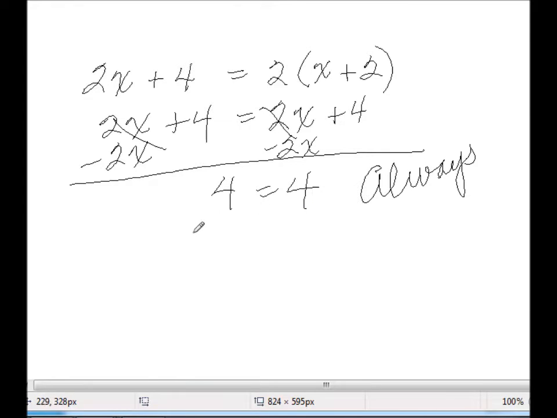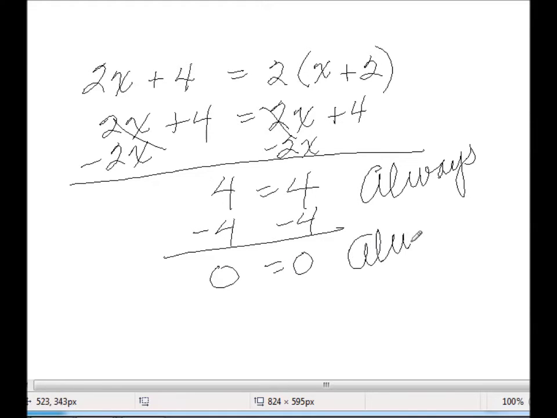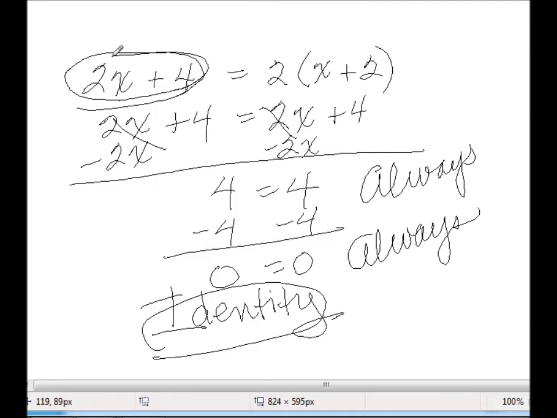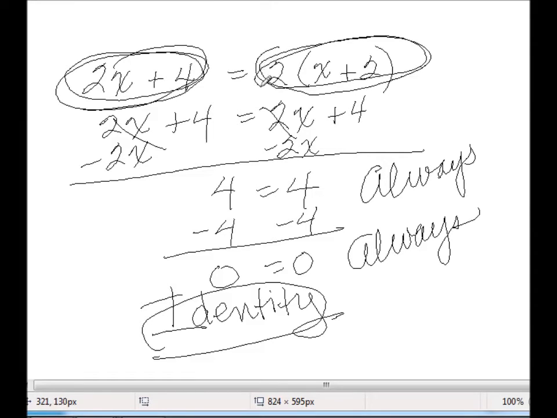If we really were enthusiastic, we could subtract 4 from both sides and get 0 equals 0. Always. So that means that this thing is an identity, meaning that what we gave you on the left was really worth identically to what was on the right. It was just in disguise.